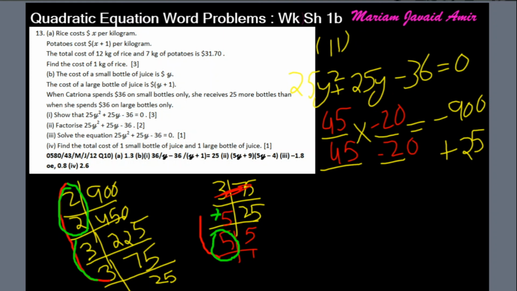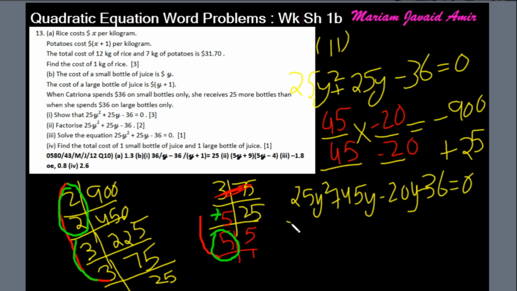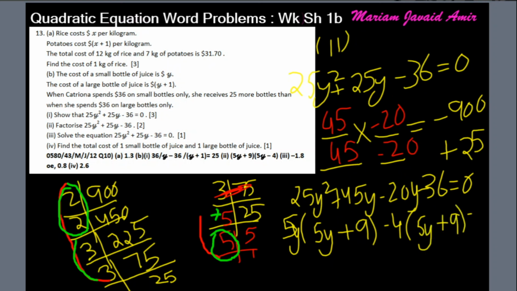Okay, so next is the middle term breaking. So 25y square plus 45y minus 20y minus 36 equals 0. 5y is common, then y is common, plus 9, and then minus 4 is common, so we get 5y plus 9 times 5y minus 4 equals 0.